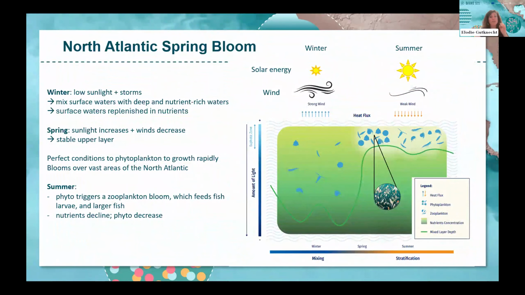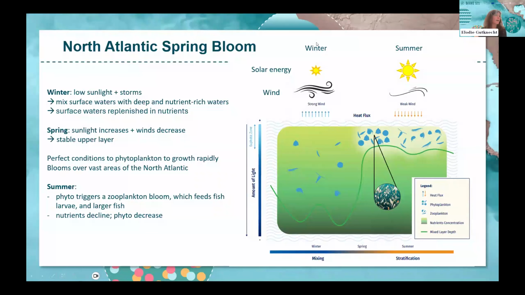How does it function? During winter, the length of the day is shorter and solar radiation is reduced, so this cools the surface waters. In addition, storms are stronger, and this mixes the surface waters with the deep waters.